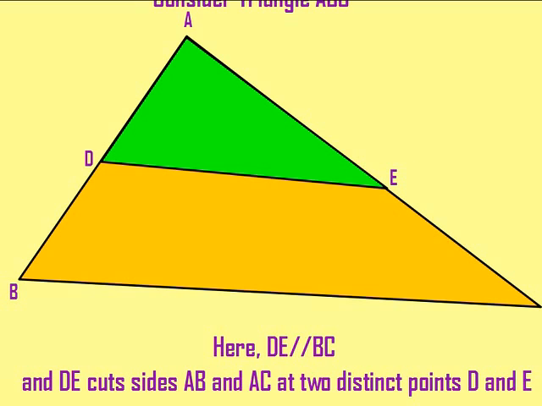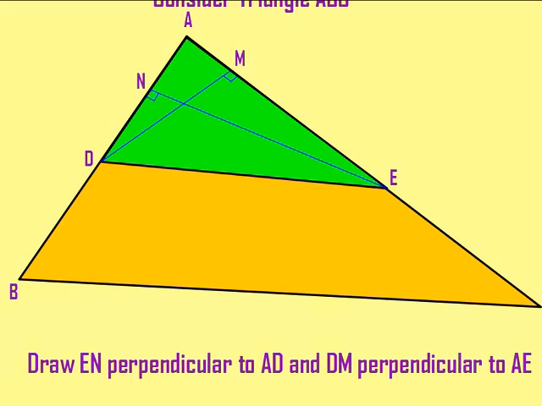Now, in the same triangle ABC, I have drawn perpendicular EN to side AD, or AB, and I have also drawn a perpendicular DM on the side AE, or you can also say AC.